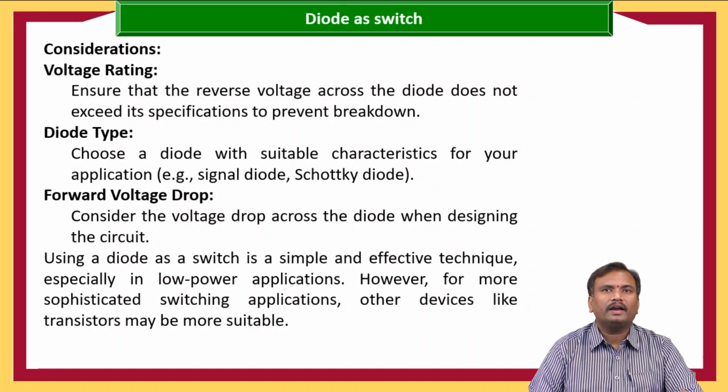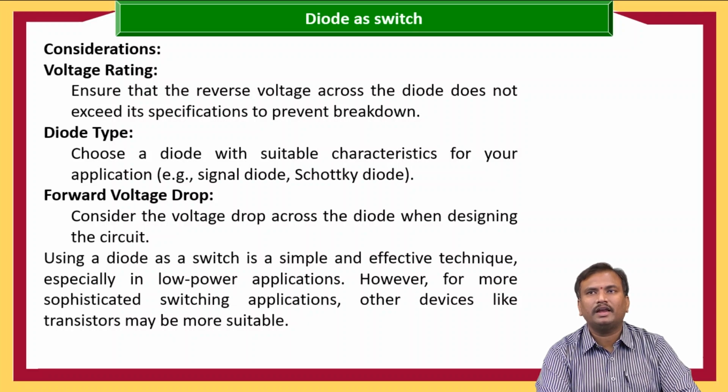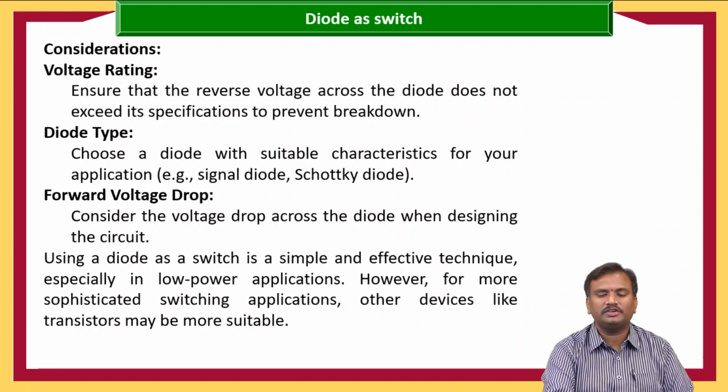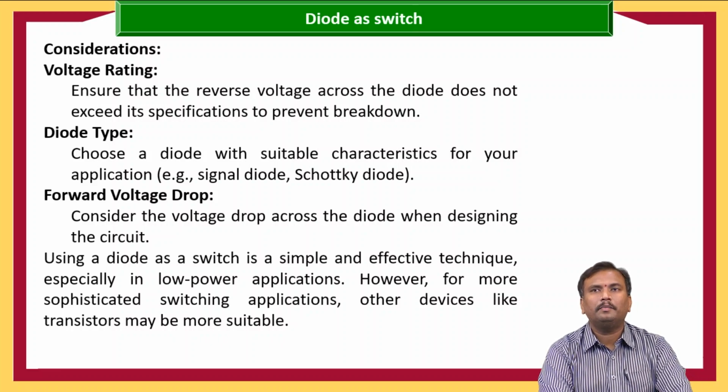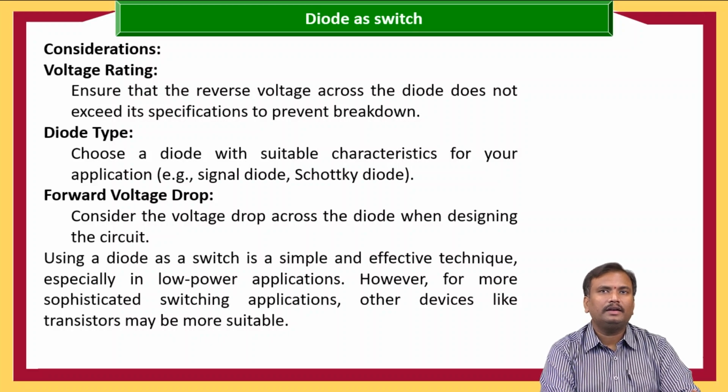Now, the considerations we need to take, first one is voltage rating. Ensure that reverse voltage across the diode does not exceed its specifications to prevent breakdown, because when breakdown occurs in the reverse bias condition, the diode may get damaged.